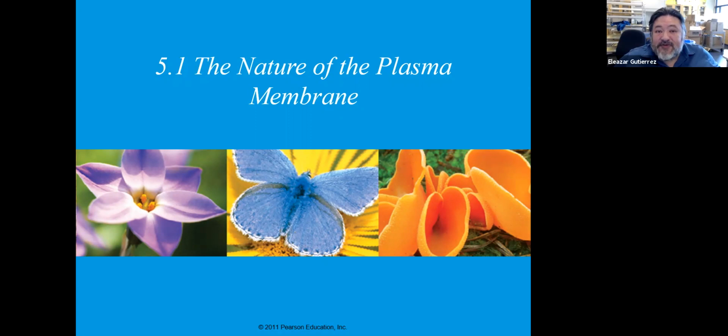And as we've said before, everything within our bodies has to be within narrow functioning limits. This is also true of cells. Cells need to be maintained within narrow homeostasis, within narrow functioning limits. And as a consequence, if there's too much inside of something in the cell, it needs to go out. That goes through the plasma membrane. If there's an essential nutrient or something that needs to come in, that goes through the plasma membrane.